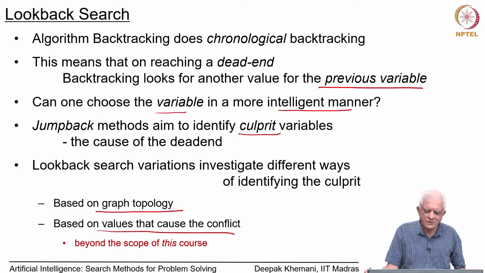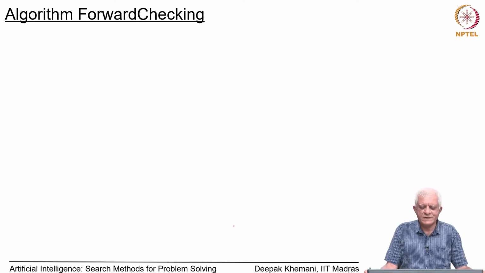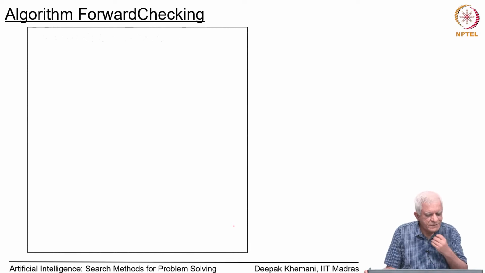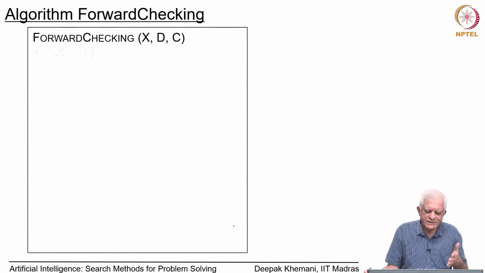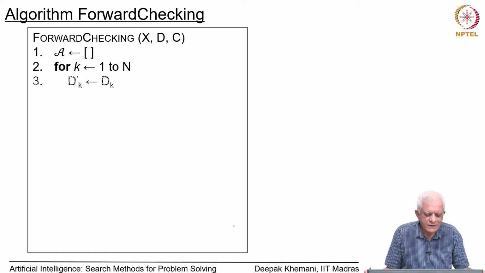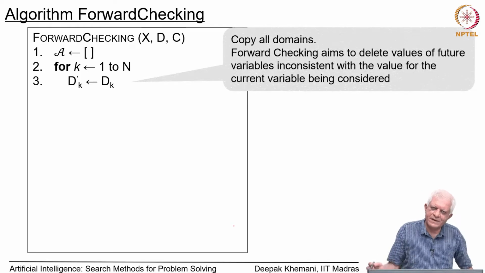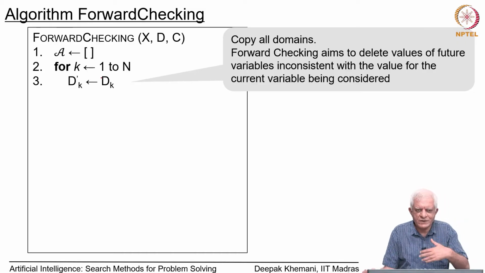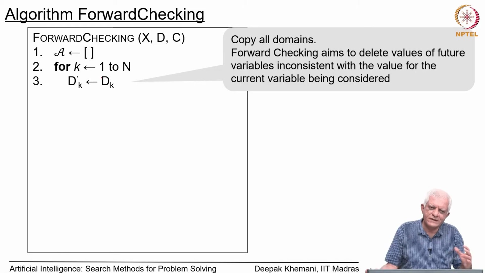Let us look at our algorithm on look ahead, and the algorithm that we are looking at is called forward checking. It works as follows. It is very similar, this is a variation of the backtracking algorithm. So, it starts off in a very similar fashion, with an empty assignment, but instead of making a copy for the first variable, we make a copy for all the variables, because we are going to be looking at future variables, and we may need to do a careful amount of bookkeeping to see that we do not miss out on actual solutions.